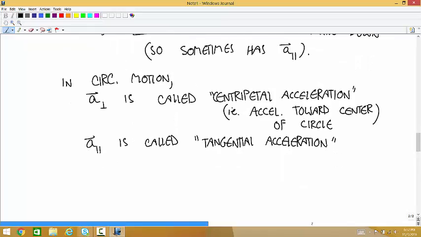That makes sense because we know that the velocity is tangent to the path, and so this makes sense with everything we know about the parallel part of the acceleration.